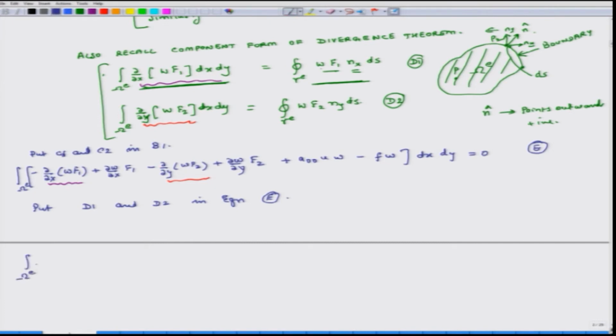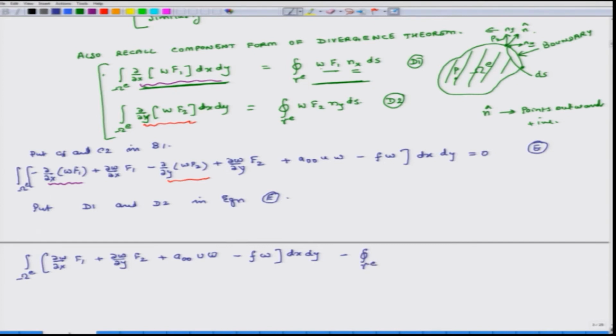First I will write the surface integral terms and then the boundary integral terms. So, I have del w over del x times f1 plus del w over del y times f2 plus a00 u w minus f w dx dy. These are the surface integral terms, and then I put the boundary integral terms.